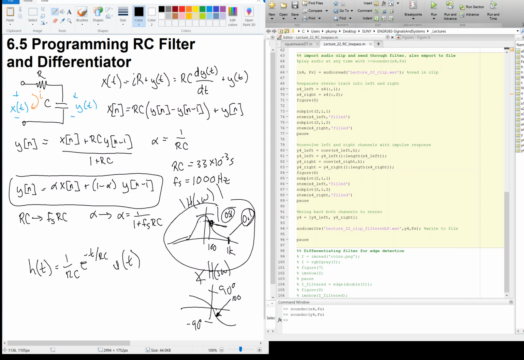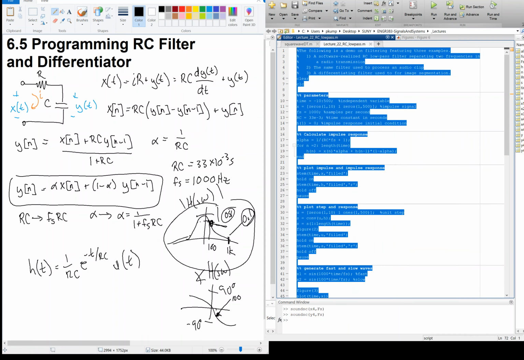But you may also have noticed that the second one, the filtered signal, sounds a little bit bassier, right? And it sounds muddier. And that's exactly the point of the low-pass filter, that it passes those low bassy frequencies through, and it attenuates the high treble frequencies.